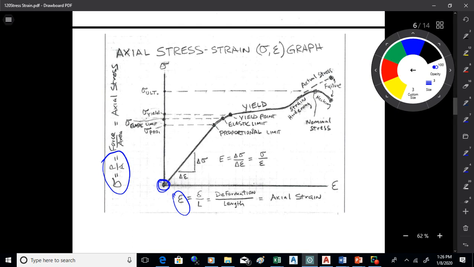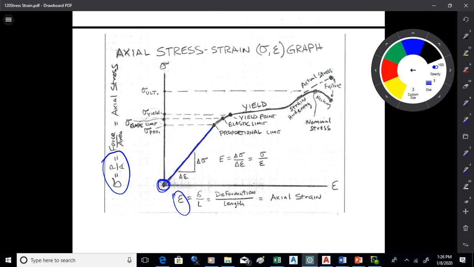There's a linear portion of the graph for the first part of the test. Now, if you use an actual sample, that's not going to be perfectly linear, but it's going to be pretty close. And you could pretty much call that a straight line. Okay, so the slope of that line is what's called E, okay?